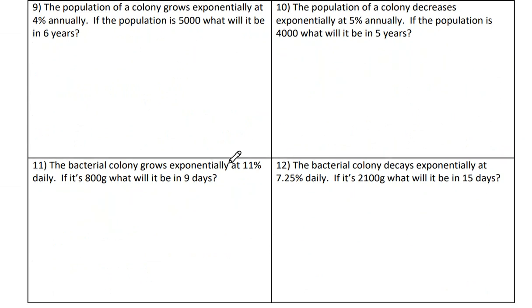All right, population models of any kind are going to start with that initial exponential model that I showed at the beginning. I'm going to do number 10. So we have a population of a colony that decreases, or we could say they're dying, or any synonym that would mean that the population is going down, exponentially at 5% annually. So I start with this. A is my initial amount.